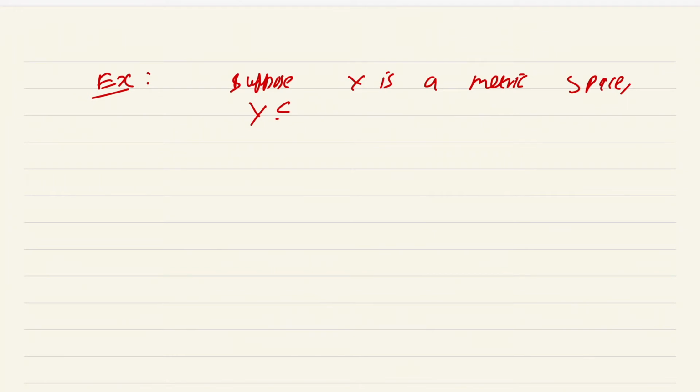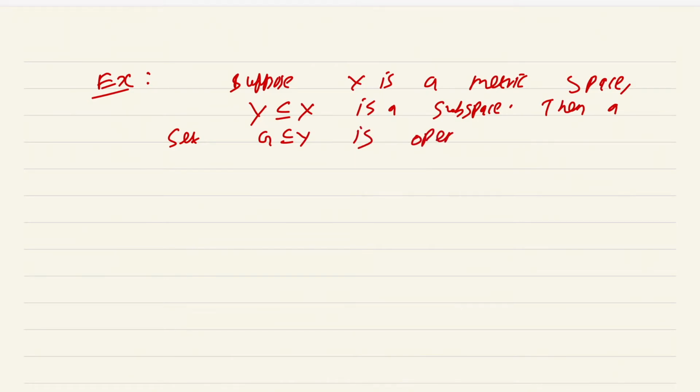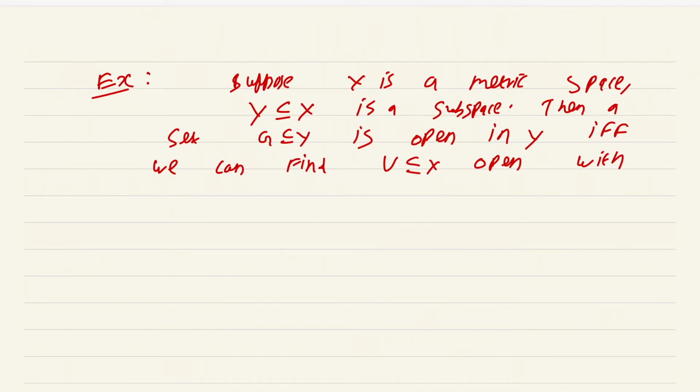Y is a subset of X, a subspace, so we are treating this subset itself as a metric space with the metric induced by the ambient metric space X. Then a set G subset of Y is open in Y if and only if we can find U subset of X open with G equal to U intersect Y.